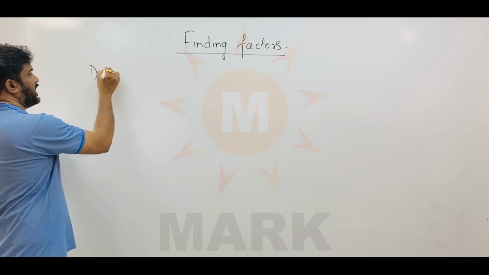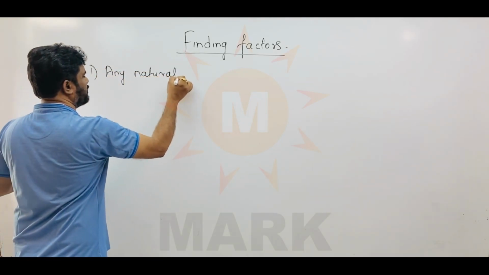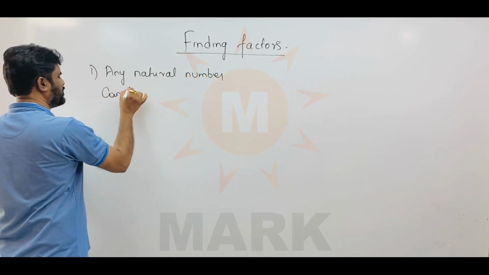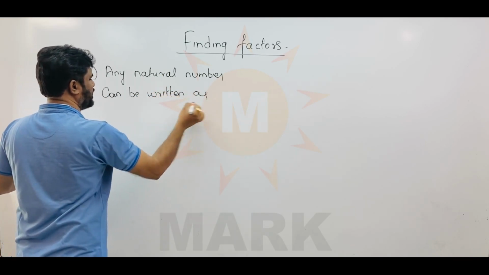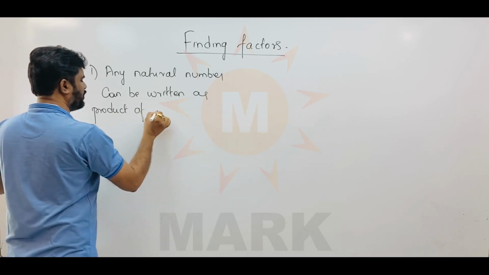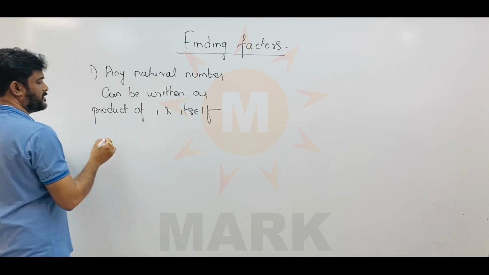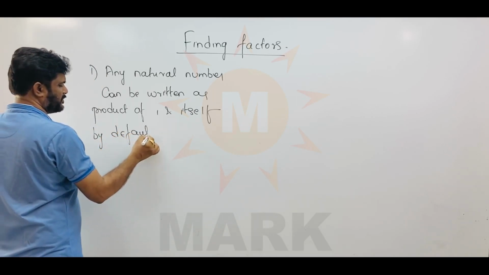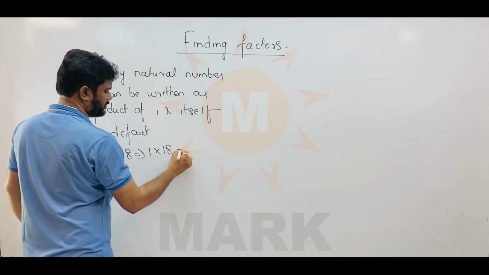First one is, any natural number can be written as the product of one and itself by default. Suppose if you take 18, 18 can be written as 1 into 18.